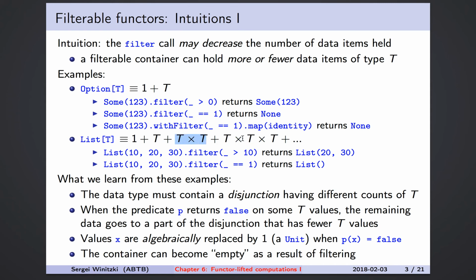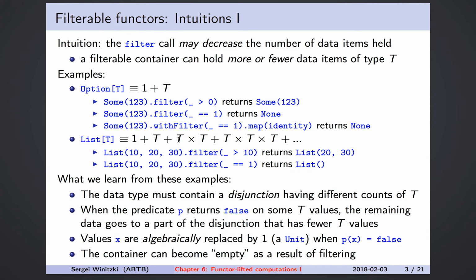So we can accommodate replacing some items T by unit type. That does not break the type. It still remains within the same disjunction. We will use this intuition later in the second part of this tutorial.